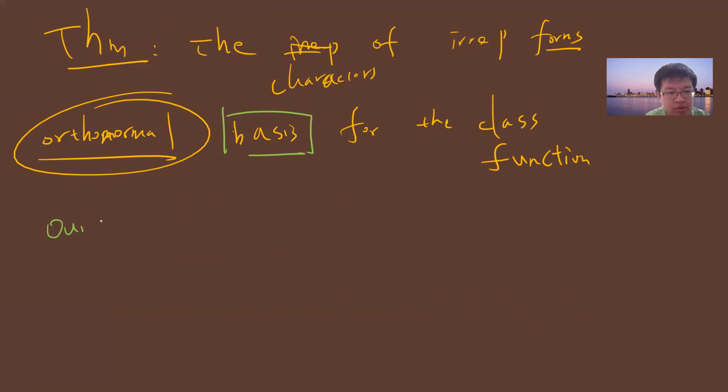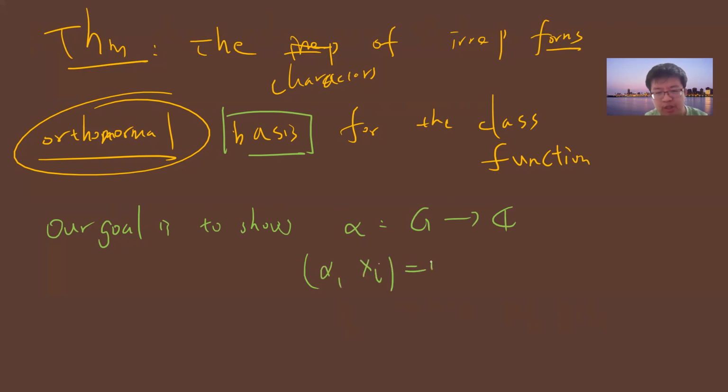Our goal is to show that if there is a class function, let's say alpha, from G to C, such that alpha is perpendicular to all irreducible characters, let's say the inner product of alpha with chi_i is 0 for all i in G hat, then alpha is 0.